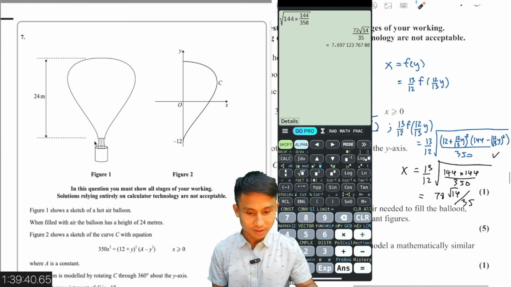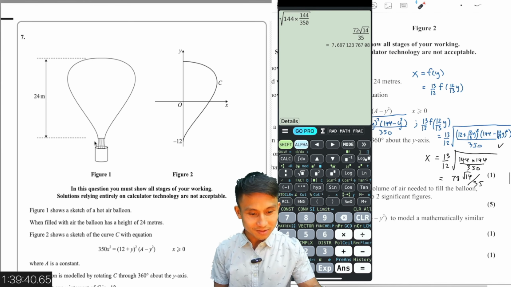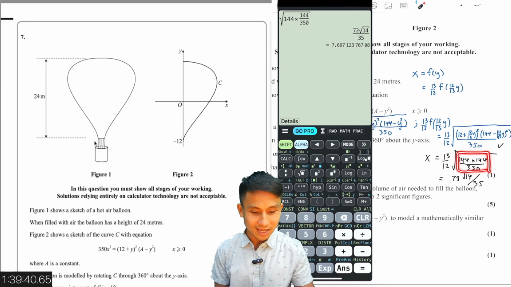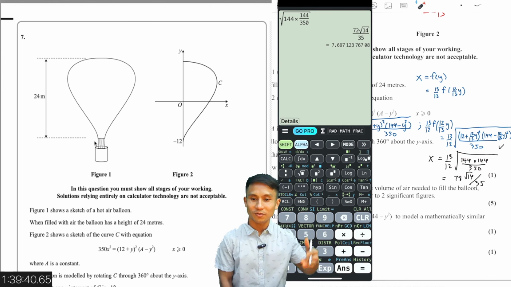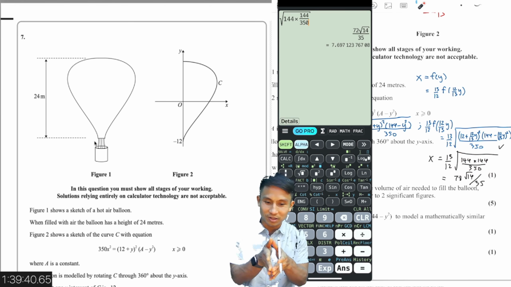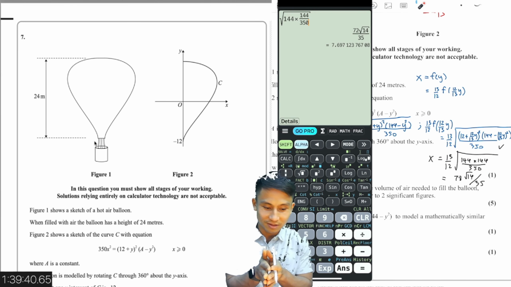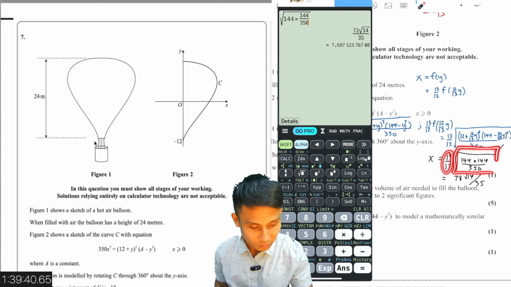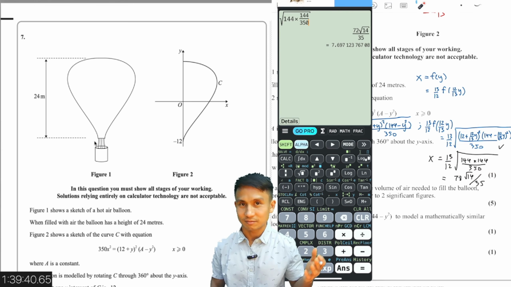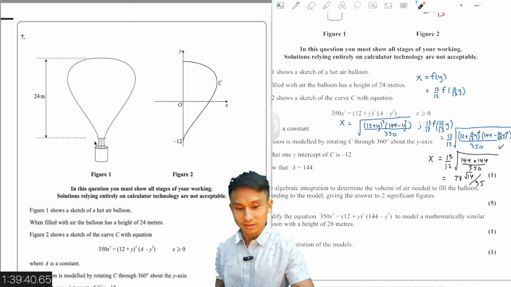There you go. So you see, inside the brackets, inside the square root, it's the same thing. But this one is 13 over 12 of the previous one. The previous one is in the calculator. So that must be right, because it's 13 over 12, the previous one. I just proved it, so it works.